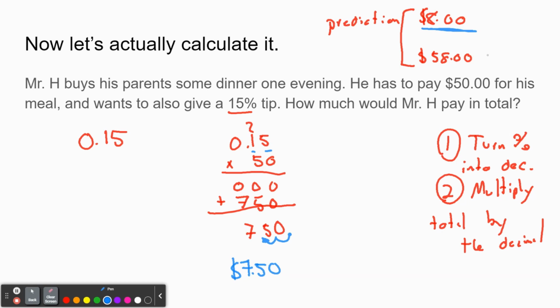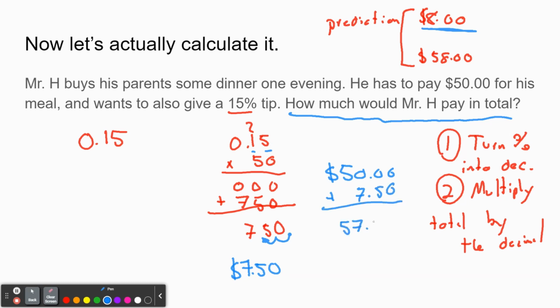Now, in this specific problem, we then have to add that to the 50 to see how much we'd pay in total. You won't always have to do that in every single problem you do, but in this case, we do. So we add these up, and in total, Mr. H, that's me, we had to pay $57.50. I sure hope my parents enjoyed that, because that's quite an expensive meal.